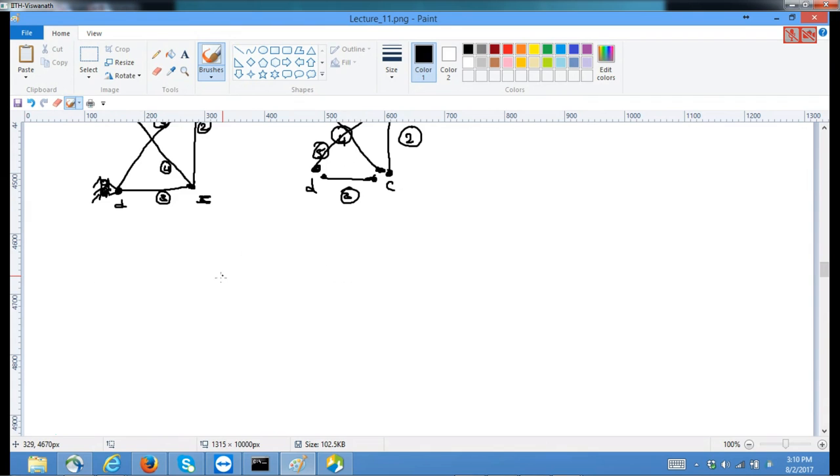So first is the boundary condition here. This is U and V directions. So here UD is equal to 0. Sorry, UD we don't know.